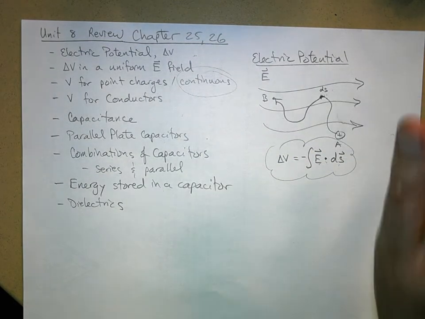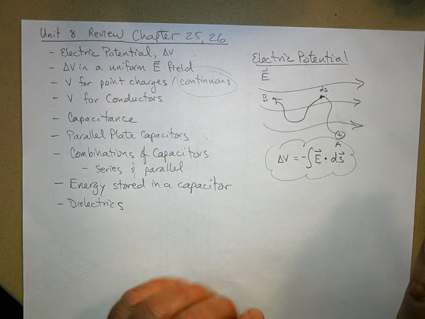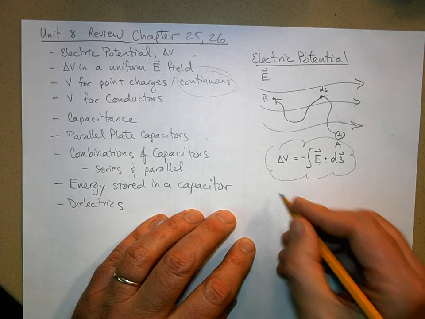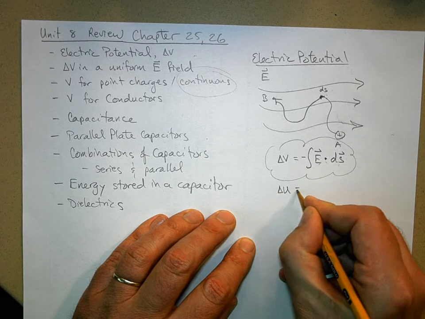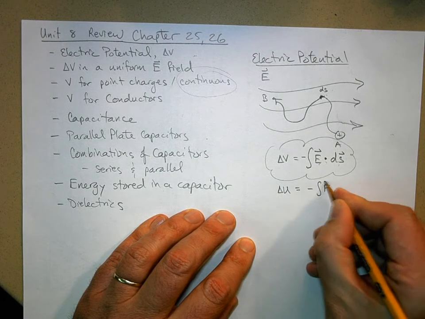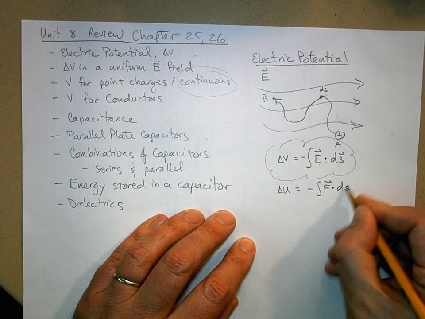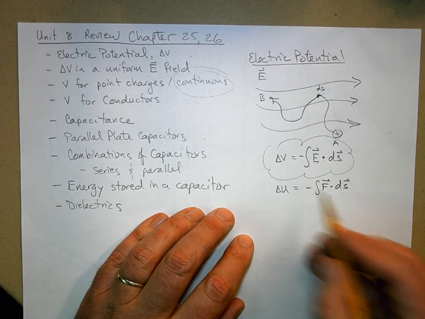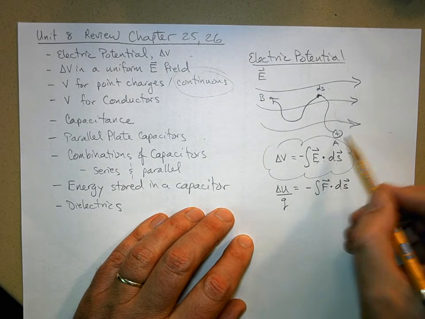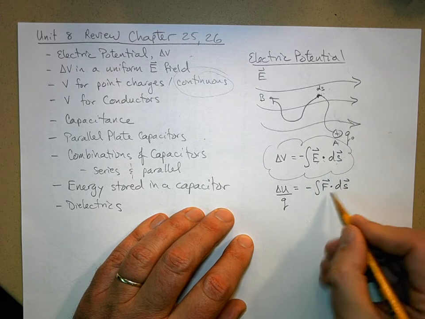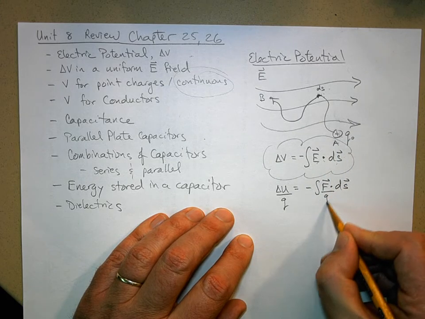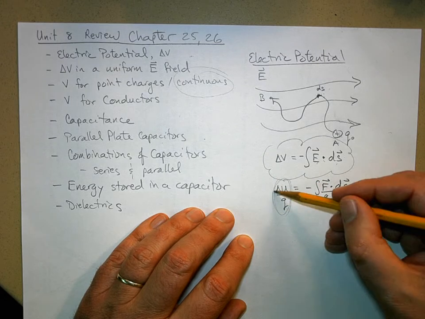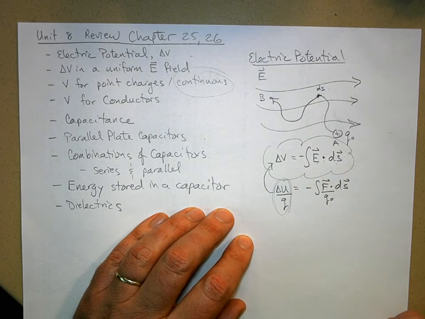Now let's think about that in terms of potential energy. We had a very similar definition for what a change in potential energy was, equal to negative F dot ds. I don't know if you remember that or not, but we did it. And all we're doing really is dividing it by the charge on my test charge, we'll call it Q naught. And this right here is my definition for voltage.